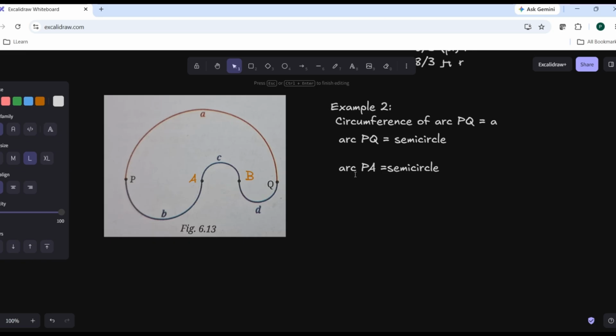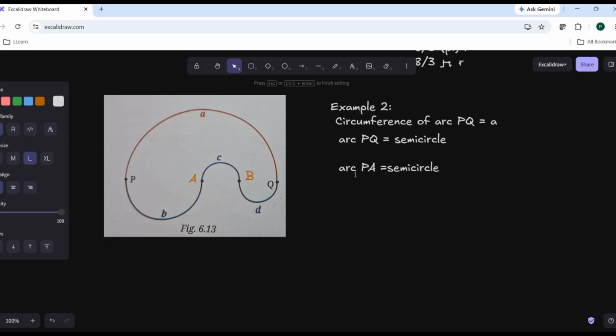Again, AB has a small diameter which is even smaller than PA. And BQ looks slightly bigger, but it has not been given what the size of each is. So we just know that they are all semicircles.